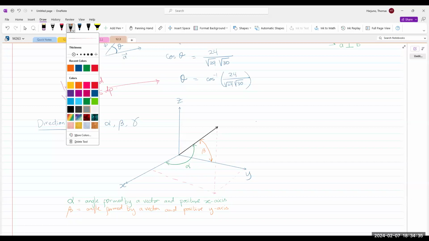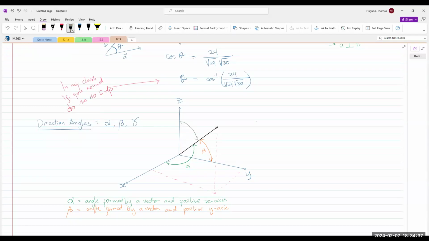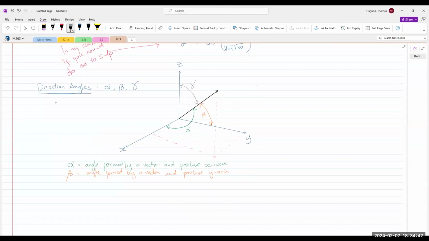I hope it's visible. Angle gamma here is the angle formed by a vector and the positive z-axis.